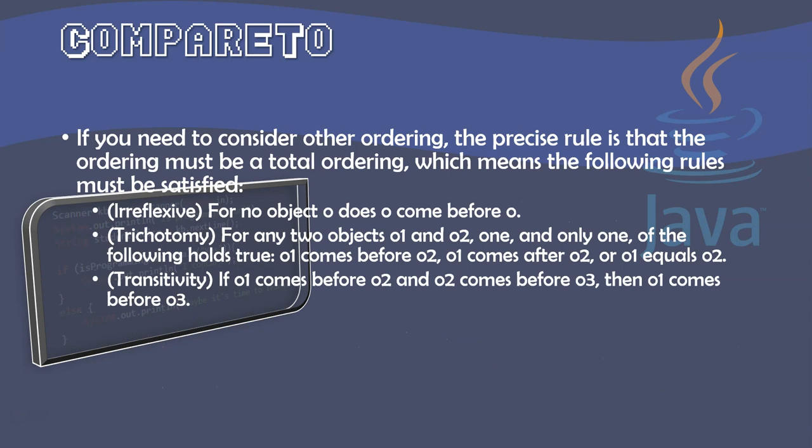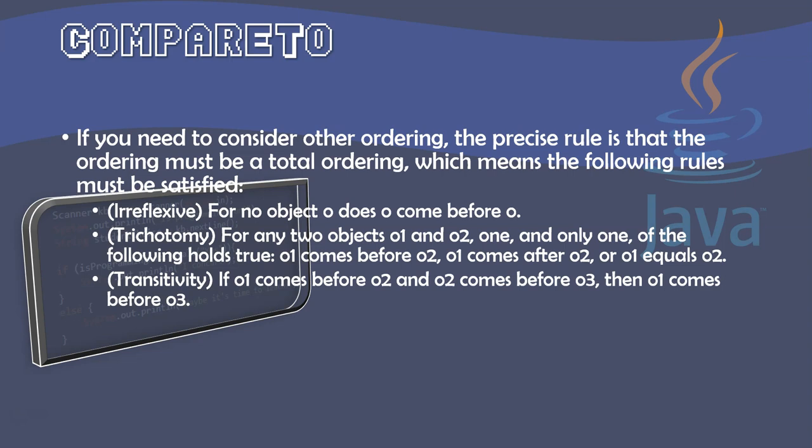If you need to consider any other ordering, the precise rule is that the ordering must be a total ordering, which means the following rules have to be satisfied. First, it has to be irreflexive: for no object does O come before O. It has to have trichotomy: for any two objects, O1 and O2, one and only one of the following holds true: O1 comes before O2, O1 comes after O2, or O1 equals O2.